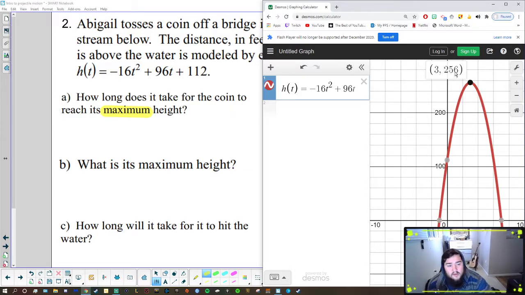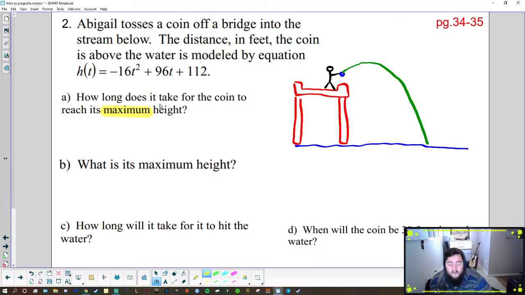So this coin reaches a maximum height of 256 feet after 3 seconds. So I know for part A, after 3 seconds my coin reaches the maximum height. If we wanted to go to our picture, right here is the point (3, 256).